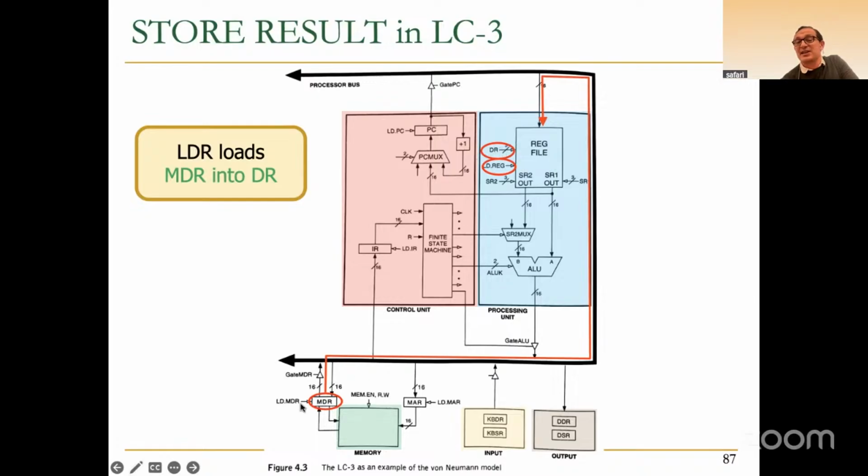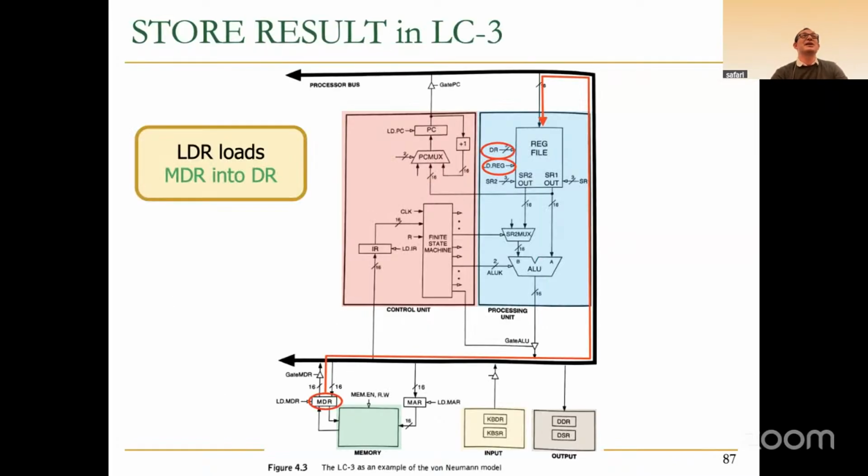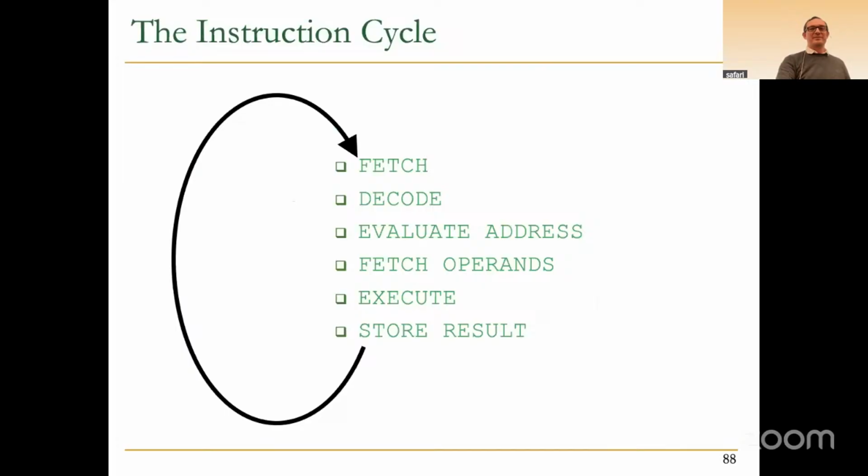So you need to set the control signals accordingly such that the MDR gets into the destination register. We're going to see different ways of doing that later on. But now I've given you a complete instruction cycle for multiple types of instructions. Different instructions do different things clearly. We've looked at add and load. Hopefully this makes sense. We're going to see more and more of this.